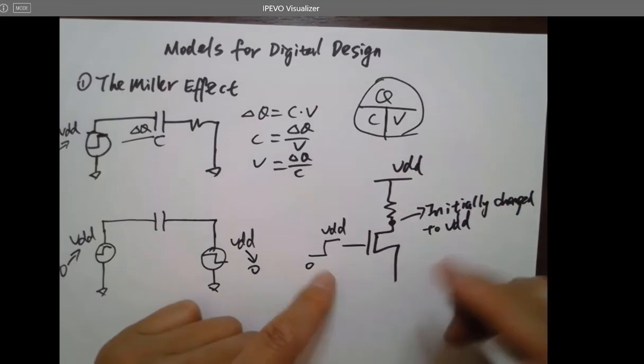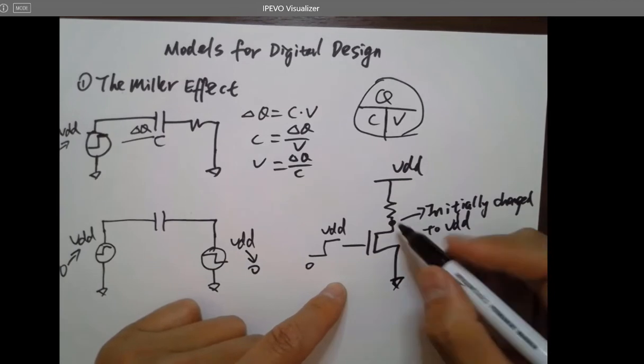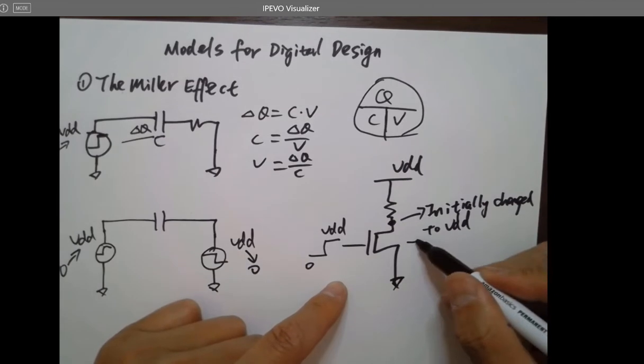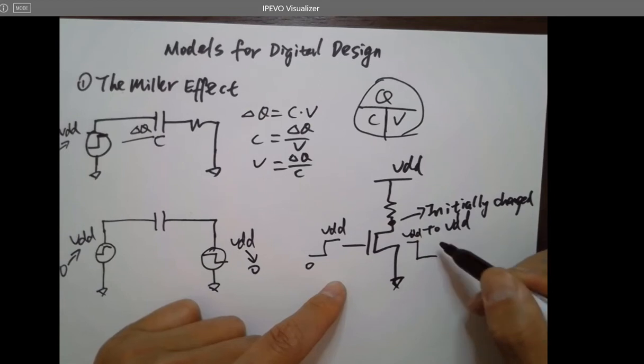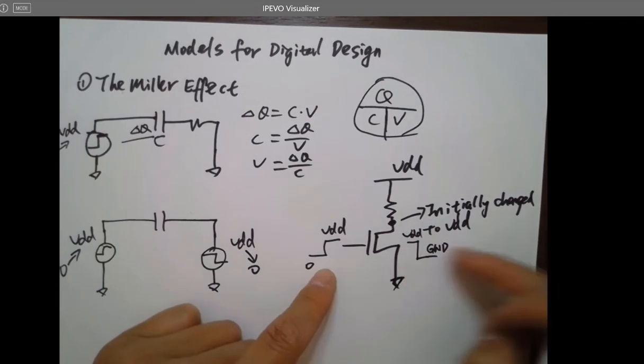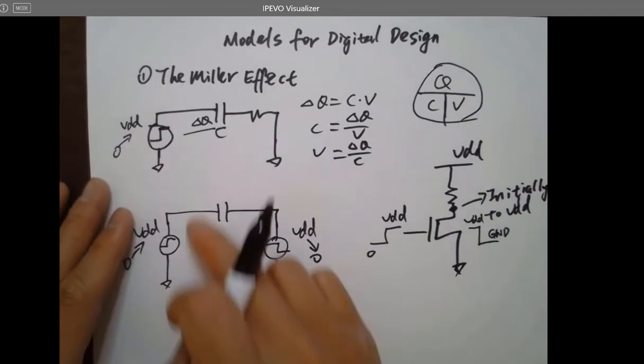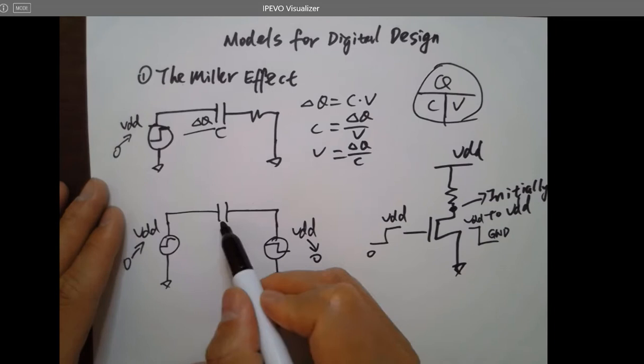If I switch this on, it's going to be put down to the ground. So the voltage here will be changed from VDD to ground. At the same time, when this is being switched on, this is being switched off. Okay, so exactly the same case as here. That's how we model this capacitor.